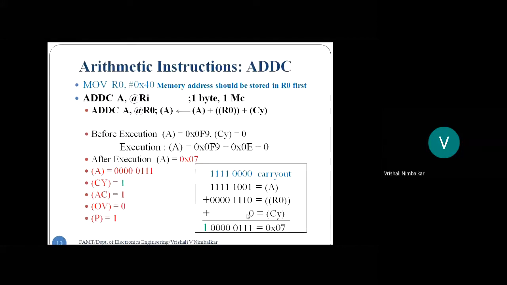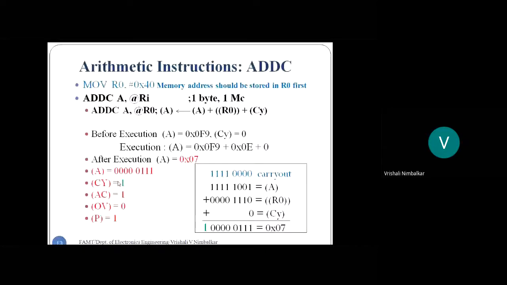Hope you all are getting me. I just wanted to show that this carry is a number and that is getting added in the LSB. And what is the answer? Since carry was 0, the answer will be the same. Okay. And after the addition is over, the carry will be set. Why? Because this carry was set because of this addition.